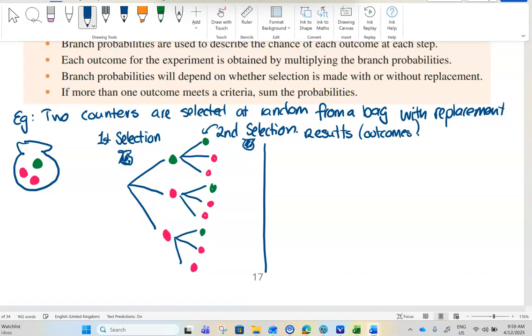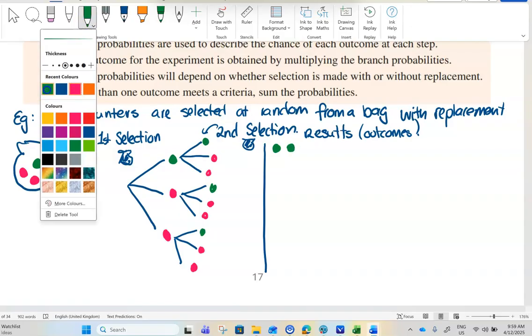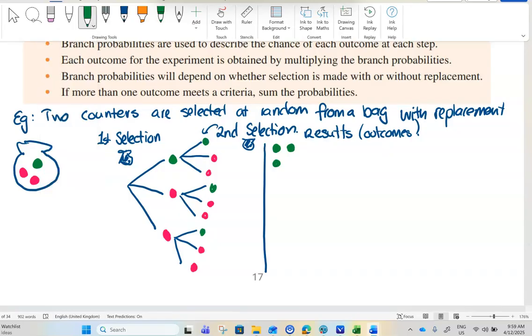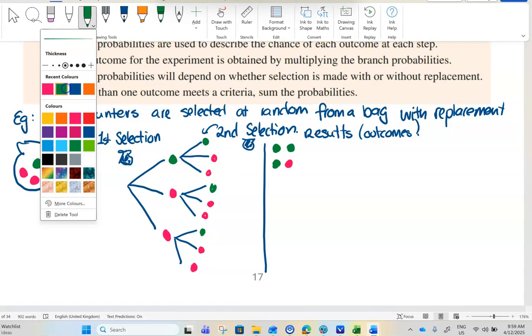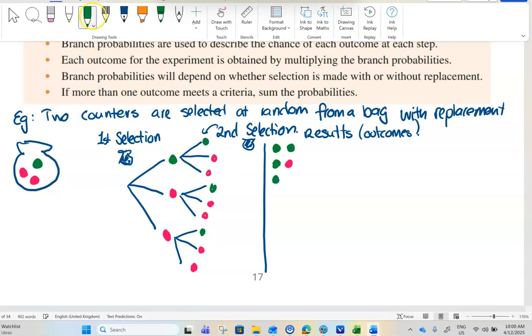What we mean by that is we could have gone this way along the top branch and then the other top branch. It means we would have got a green and a green. That's one combination. Then I could have got the green in my first pick and then a pink one, and also a green on my first pick and then the other pink one on the second.